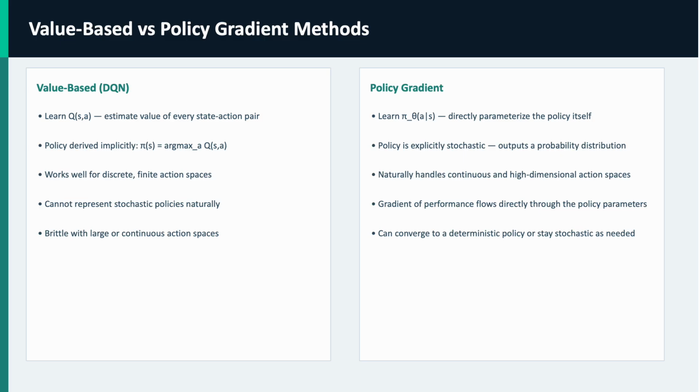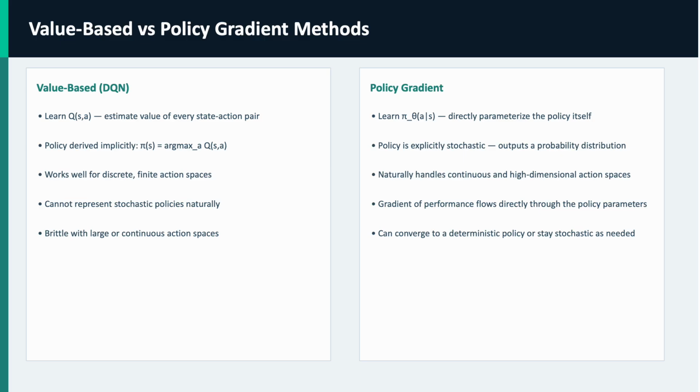This discussion sets up the mathematical framework that makes directly optimizing the policy possible. The key challenge is that we need to compute the gradient of expected reward with respect to the policy parameters.